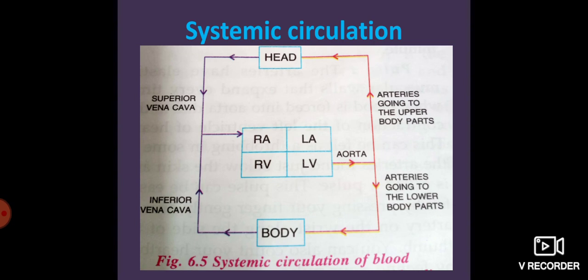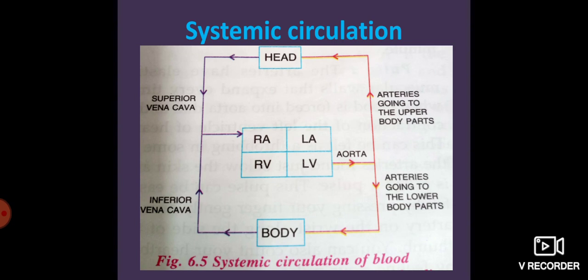From the aorta it is distributed to different body parts through the different arteries, the branches of the aorta. Some arteries carry this oxygenated blood to the upper part of the body, and other arteries carry it to the lower parts of the body, except the lungs. So this is the systemic circulation.